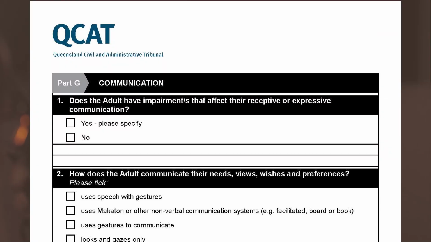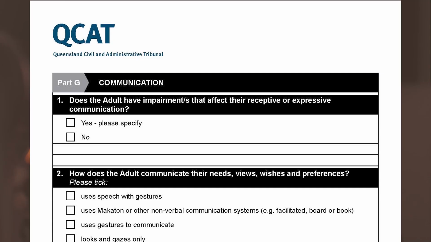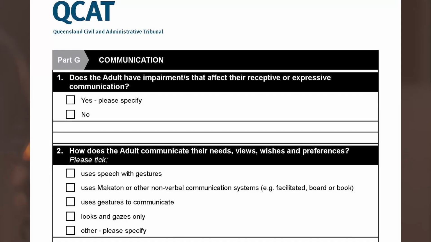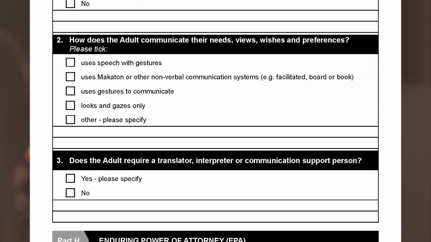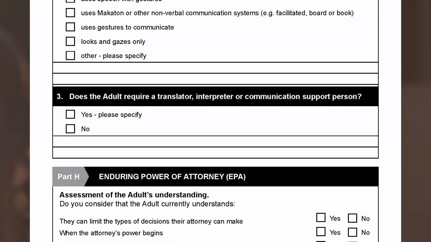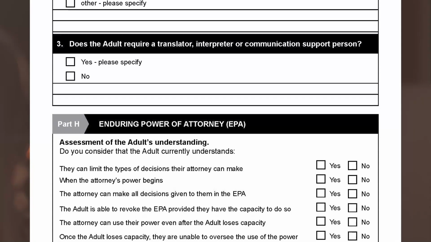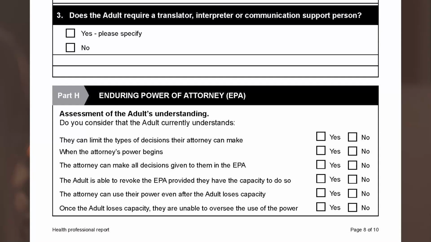Communication. So often in the general community, people conflate or confuse capacity and impaired communication, people with communication disability. So it's important to alert the tribunal if the person has any particular communication difficulties and how they would ordinarily communicate with you.